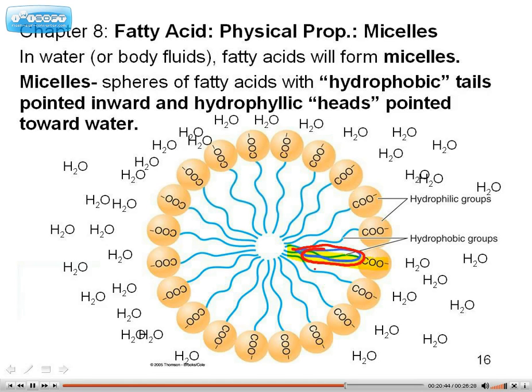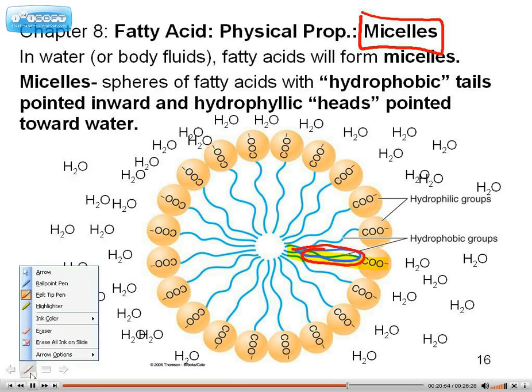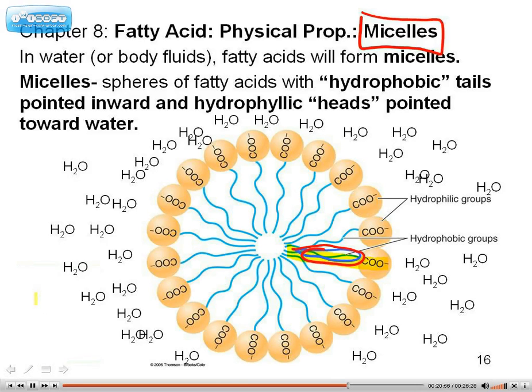What often happens is the fatty acids will form what's cleverly called a micelle. Micelles are spheres of fatty acids.